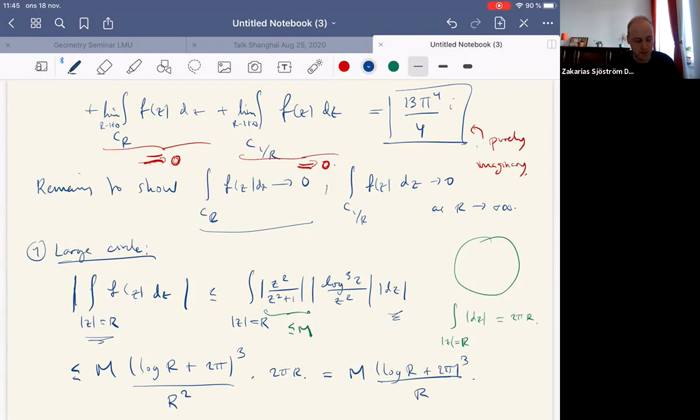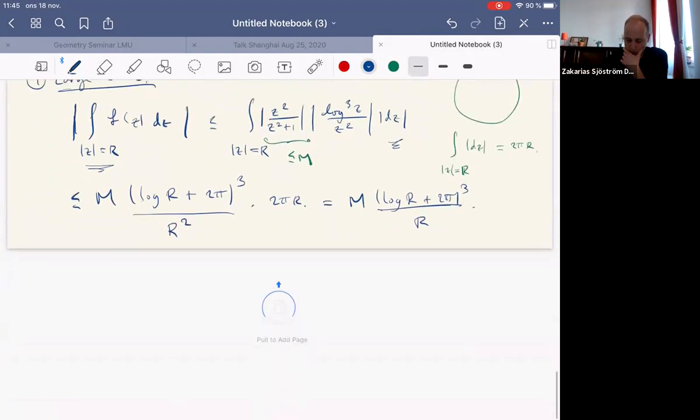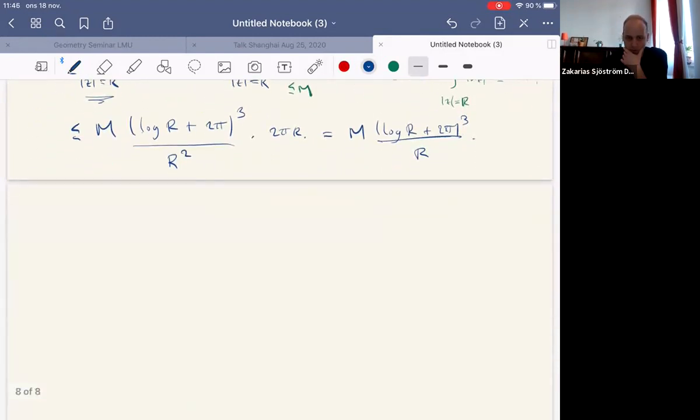And now you have to remember again some real analysis. Oh, maybe you cannot see the bottom of the screen. Okay, so then you have to remember some real analysis to see that this thing here actually goes to 0 as r goes to infinity, using that log r to the k divided by r goes to 0 as r goes to plus infinity, and k is 1, 2.